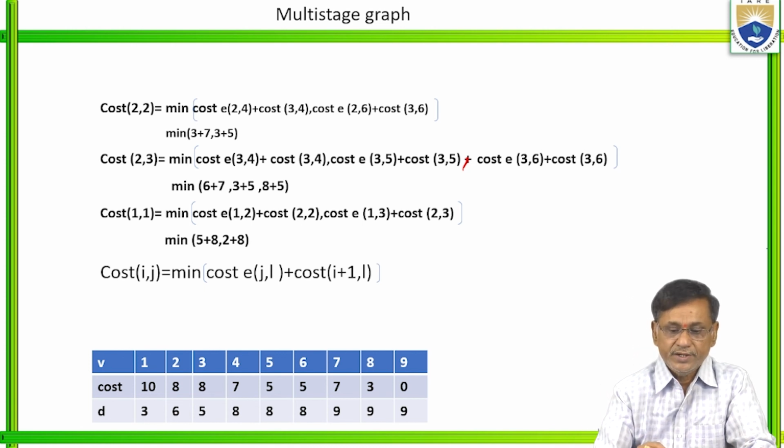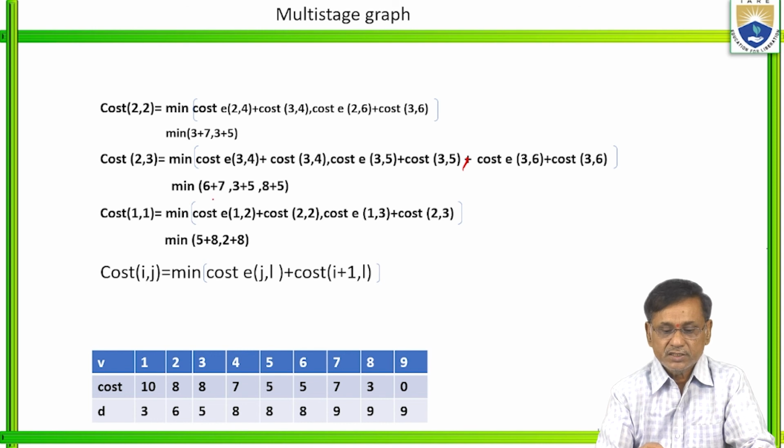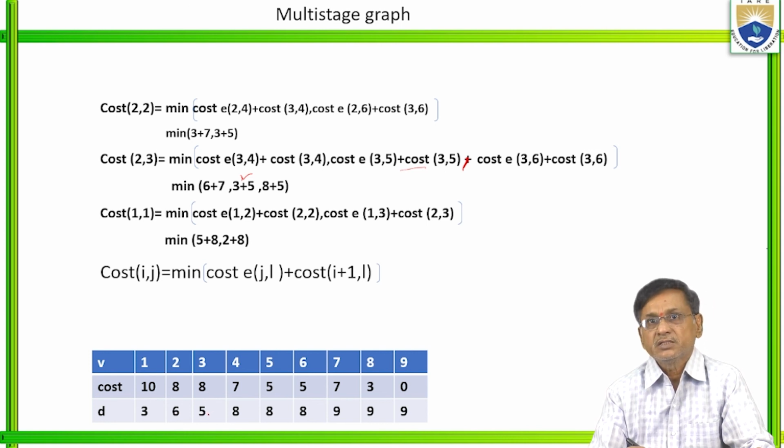So again we have to find out the values. This is 6 plus 7, comma, 3 plus 5, 8 plus 5. So the values are 13, 8, 13. Minimum is 8. So we have to select the minimum 8, that is corresponding to the second one. So cost of the vertex 3 is equal to 8 and the destination is 5, that is the vertex 5.